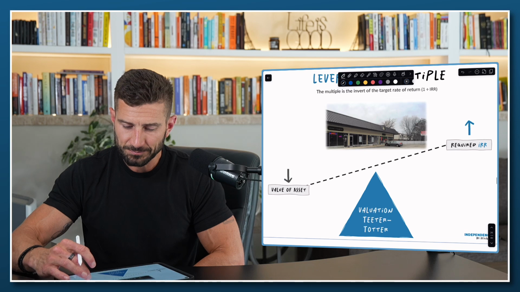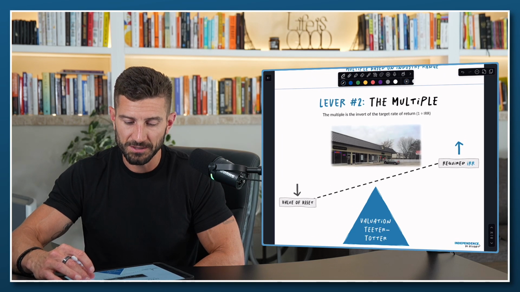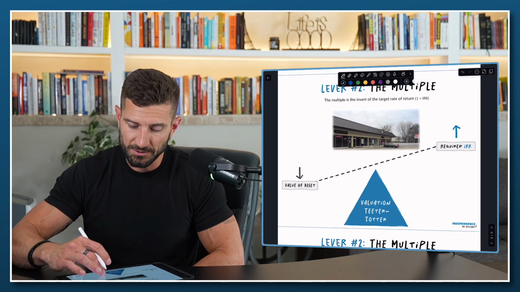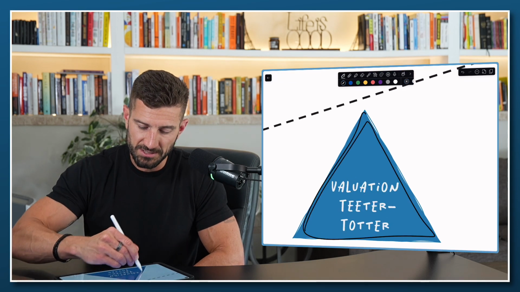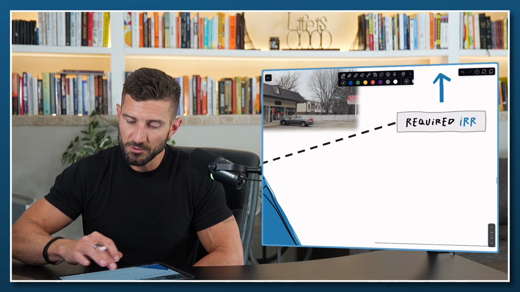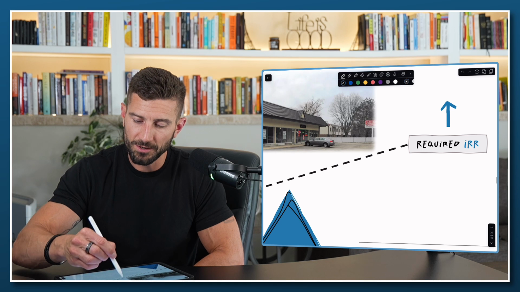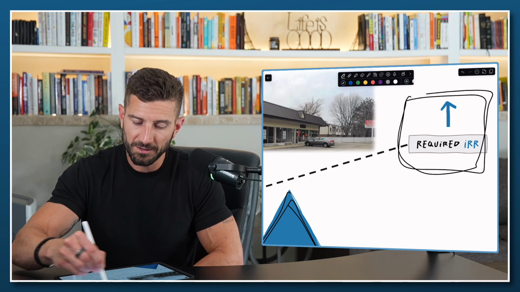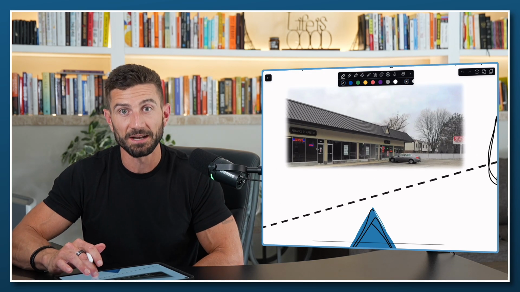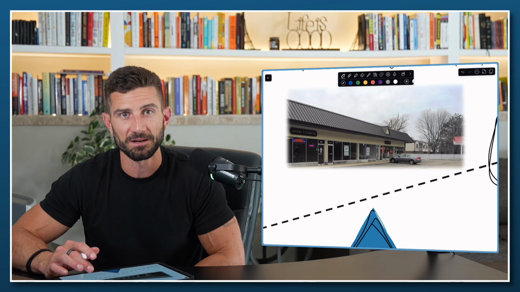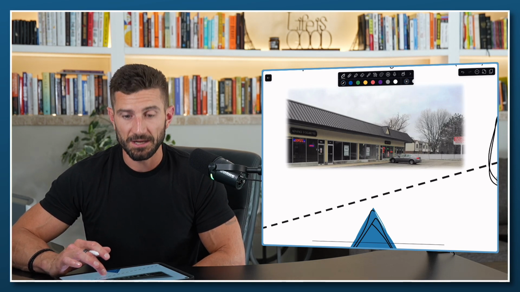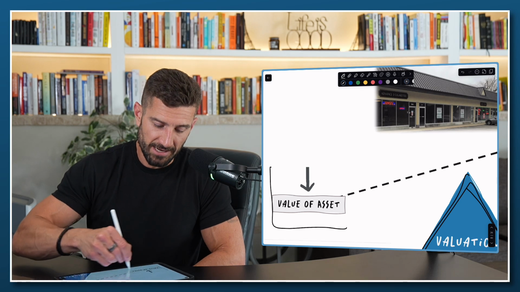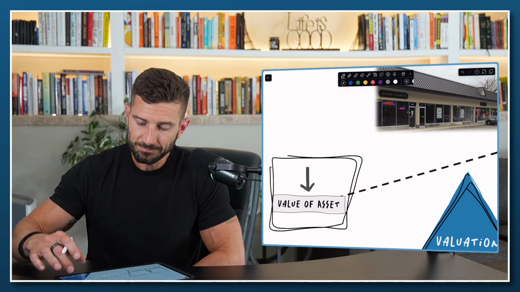So the way to think about this, the multiple, is there's this valuation teeter-totter, I like to say. And this valuation teeter-totter is if you have a higher required return because you have a shitty strip mall that has no anchor tenants, it's in a dilapidated area, you've got no contracts, whatever it is, the value of that asset is lower.